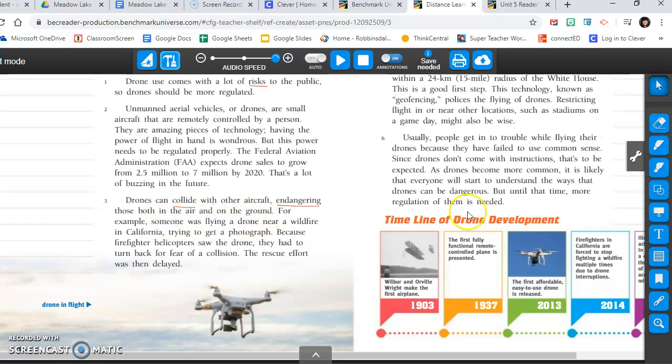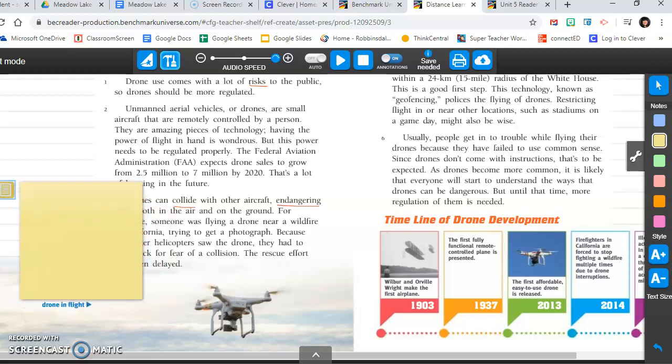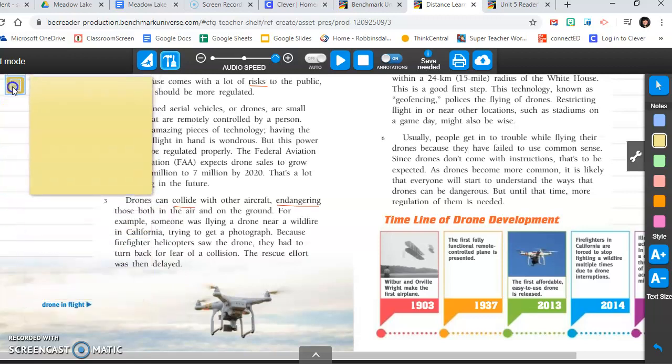Well, here's the first problem I'm seeing, so I'm going to make a note of it. I'll grab my Post-it, put it off to the side, move it so I can still see the paragraph. I can move it back down later. And I'll say problem.